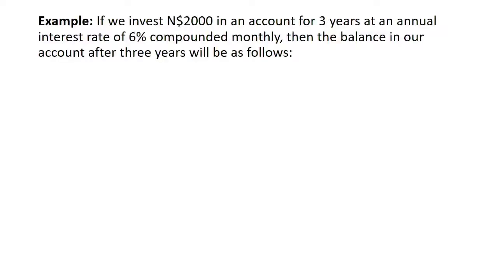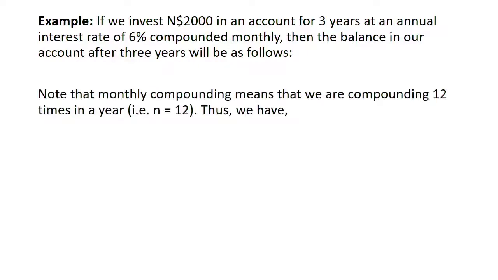And if we look at the same example that we had above, but in this case we are looking at compound interest and we are compounding monthly, then the balance in our account after 3 years will be worked out as follows. Compounding monthly means that the compounding is being done 12 times in a year, which means N is equal to 12.